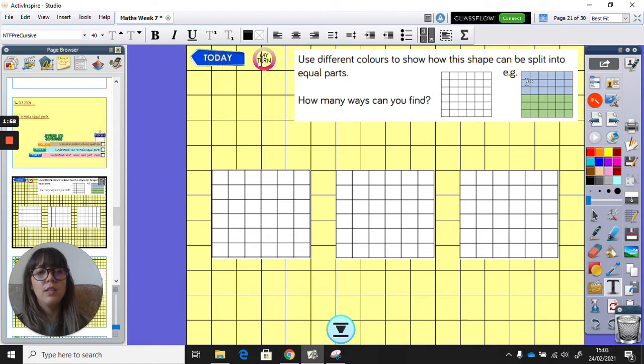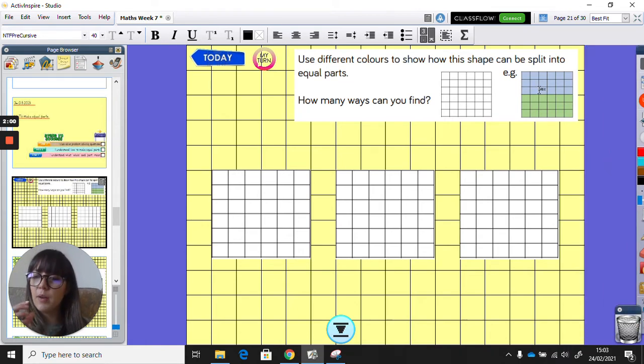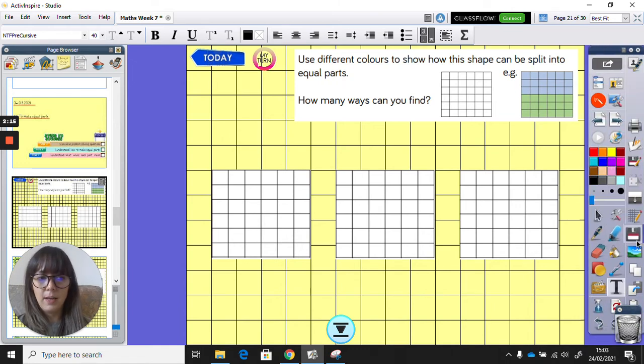Now they've done one for us here. Equal would mean they are the same size. So that means this blue part here has the same number of squares in it as the green part here. They're equal in size, aren't they? So you've got it split into 2 equal parts here.